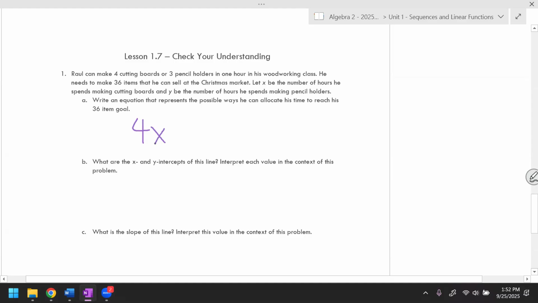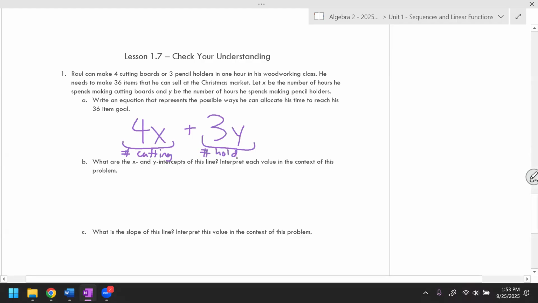How many cutting boards he has after X hours, right? Because he spent X hours and every hour he made 4. So this is the number of cutting boards. What does 3y mean? If 4x is the number of cutting boards, what does 3y equal? The number of pencil holders, right?